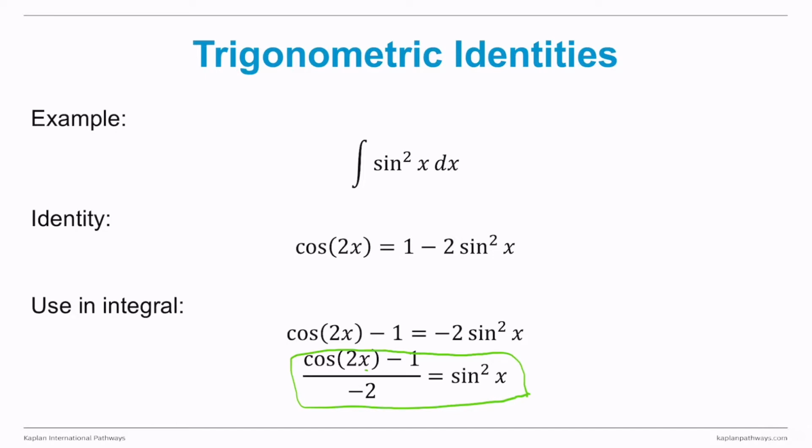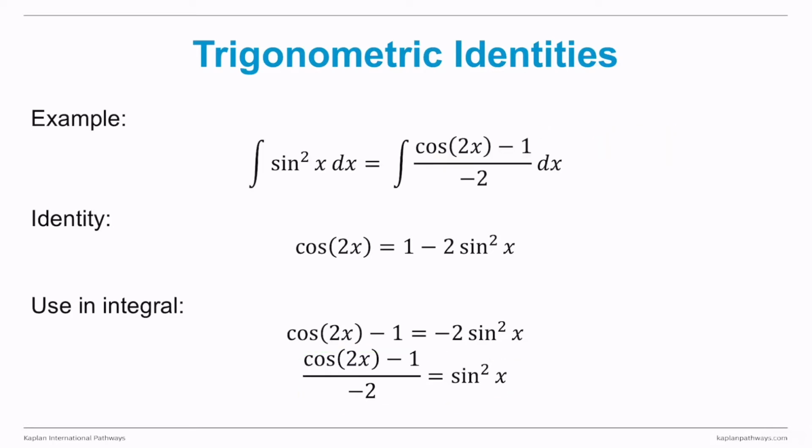So when you see integration for sine squared, you will use this instead, which is cosine 2x minus 1 divided by minus 2, to make things easy to work out. So we replace sine squared x dx by cosine 2x minus 1 divided by minus 2 dx.